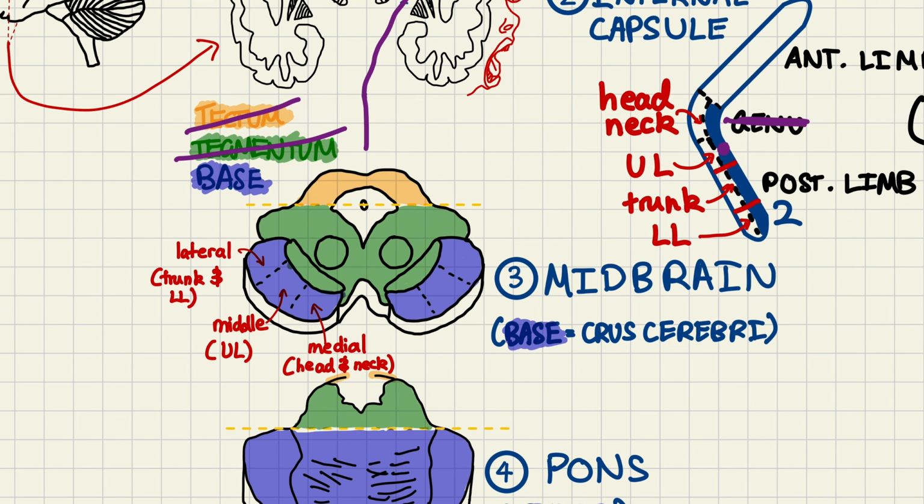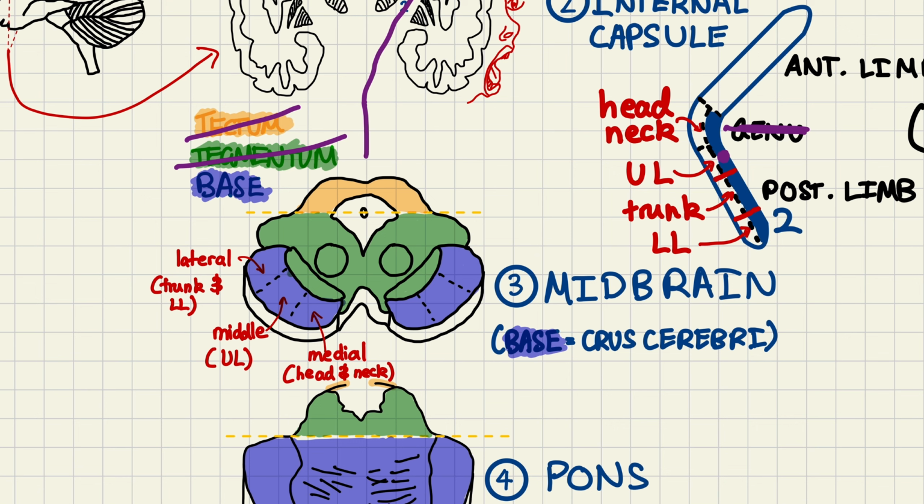Very easy to remember. So let's look at the base of my midbrain. The base of my midbrain is also known as the crus cerebri, or the cerebral peduncles. And just like my internal capsule, and just like my primary motor cortex, there is a motor representation. There is a very specific arrangement of my motor neurons.